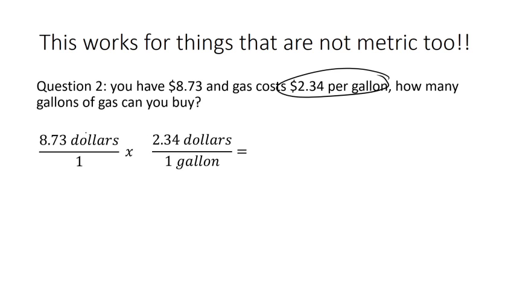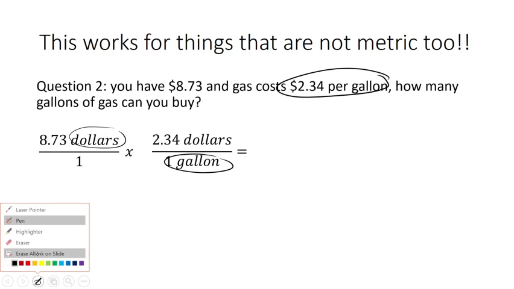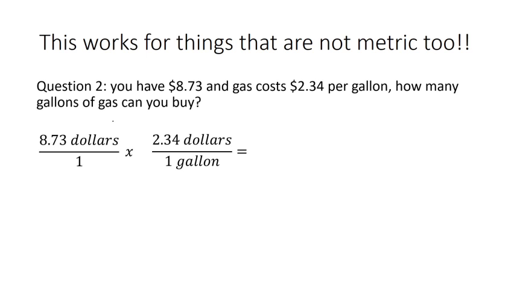But if you look, dollars in the numerator, gallons in the denominator, these do not cancel out. So here's the thing. Anytime you've got a fraction, you can flip the things in the fraction as long as the number stays with the unit.